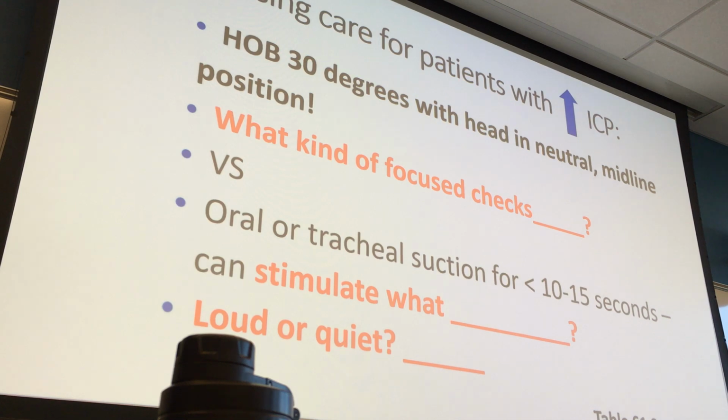It can further increase pressure. Yes, essentially. What do you think it could stimulate? If somebody were jamming that in your mouth, what would you think? Your gag reflex. You gag, you cough, right? Cough is the last thing you want to happen, okay?